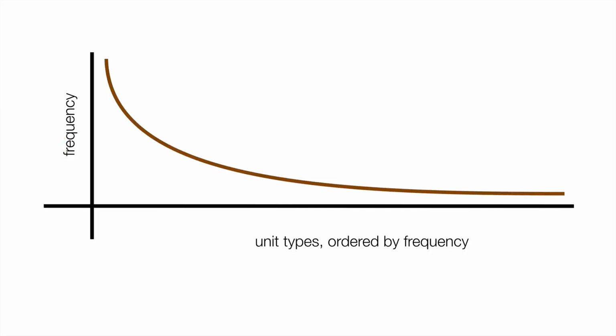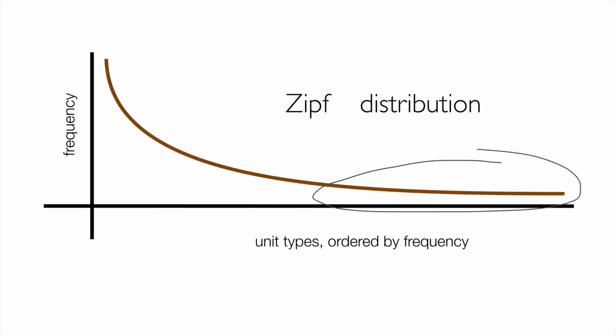Now you'll often see this curve called a Zipf distribution. That should have a particular exact equation. It's a particular sort of distribution. And of course, real data doesn't exactly obey these distributions. It just is somewhat similar to them. It has the same sort of properties. In particular, it has this large number of rare events. So really, we should be talking about a Zipf-like distribution, not exactly a Zipf distribution.